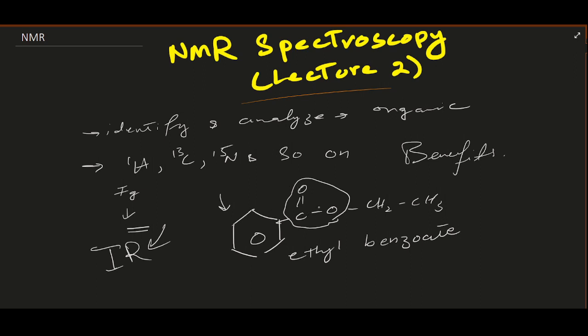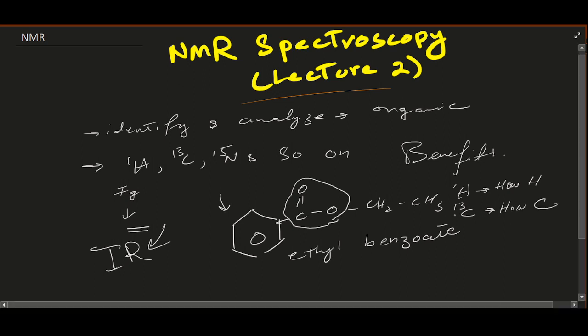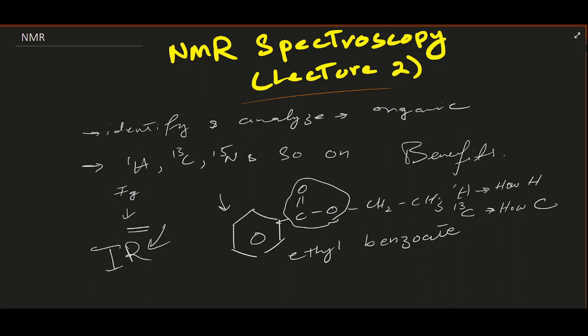And in the proton NMR, we can identify how many protons are there. In the carbon 13 NMR, we can identify how many carbons are there. We can also identify how many protons are present around the CH3 group, how many protons are present around the CH2 group.